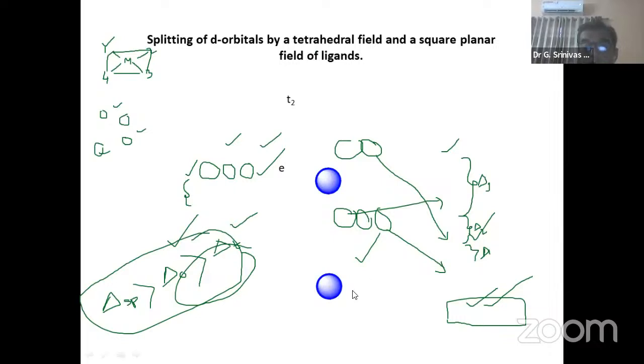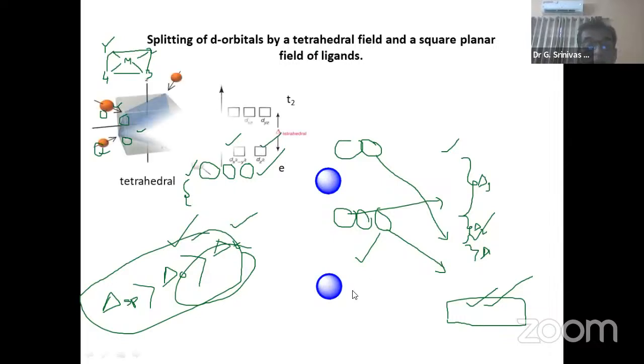So I have to remove all this, I think. One minute.